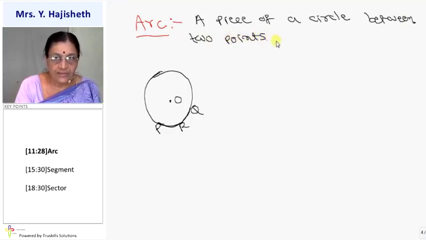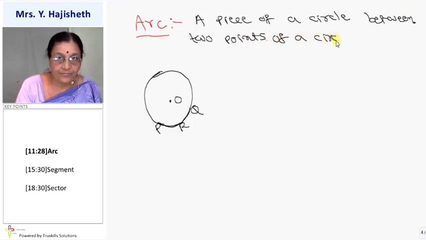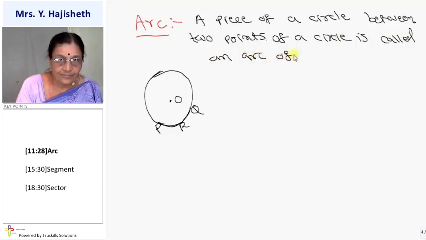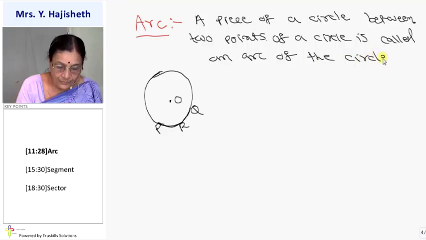A piece of a circle between two points of a circle is called an arc of a circle. In the figure, suppose this is PRQ and this is PLQ.